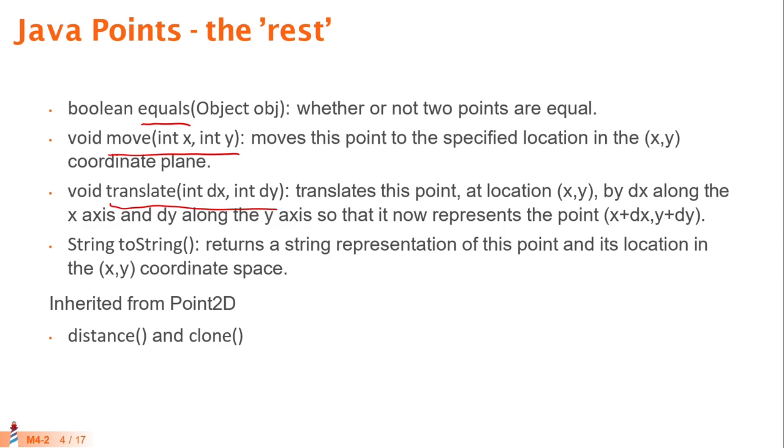Translating will modify its x and y coordinates, adding the distance in x and y that we pass as parameter. Also, because we inherited from the superclass Point2D, we have the distance and clone methods. The distance tells us the distance from a point to another given point.